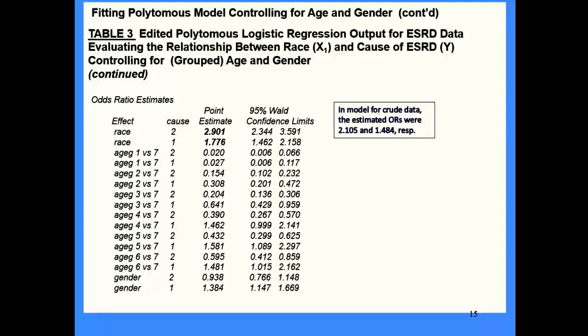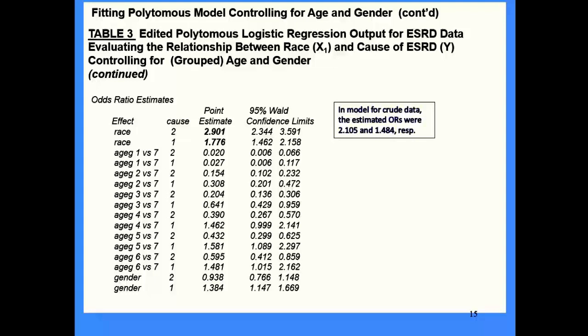Well, because the confidence interval doesn't contain the null value. What about the 1.776? That's also significant because it doesn't contain the null value, right? So I've got two significant odds ratios. It looks like there is a strong race effect. They're both significant, and I can get a confidence interval around each one. So I've just done Polytomous Logistic Regression. That's all it is to it, more or less.